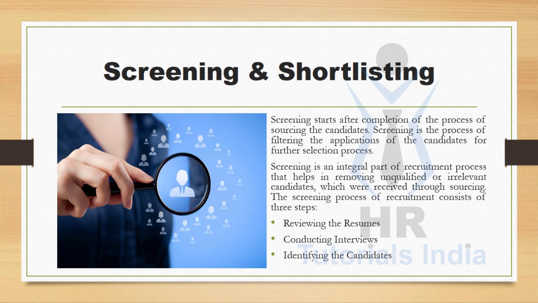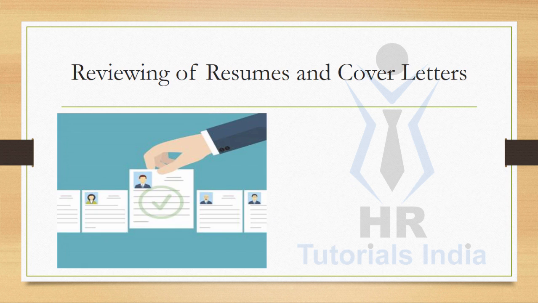Screening is an integral part of the recruitment process, which helps in removing the irrelevant or unqualified candidates or applications which were received while sourcing. There are three steps involved in the screening process of recruitment: reviewing the resumes, conducting interviews, and identifying the candidates, which we'll be discussing now.